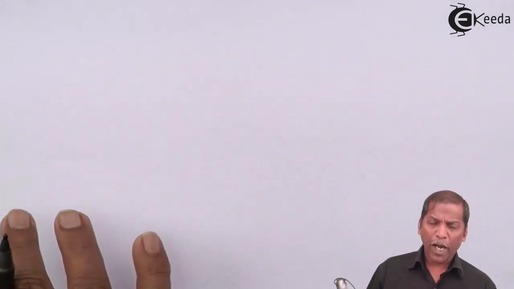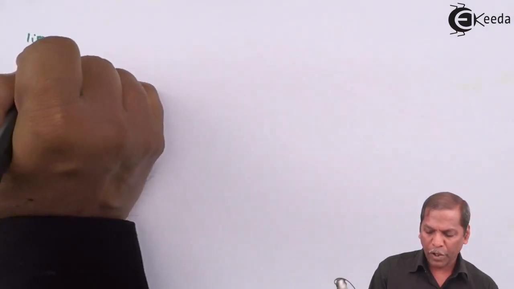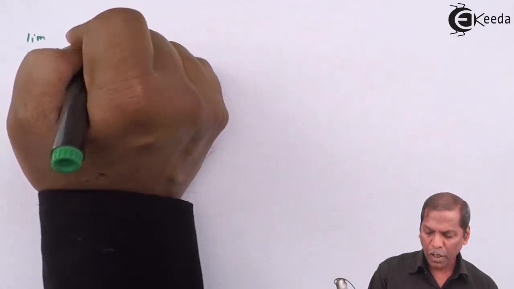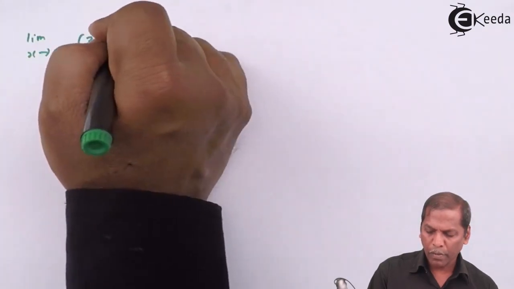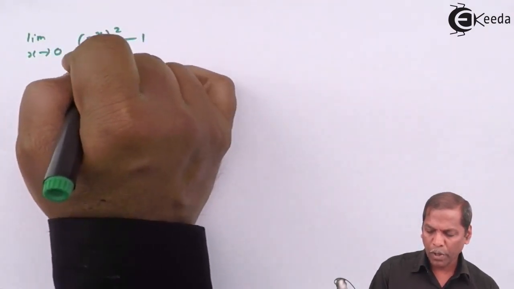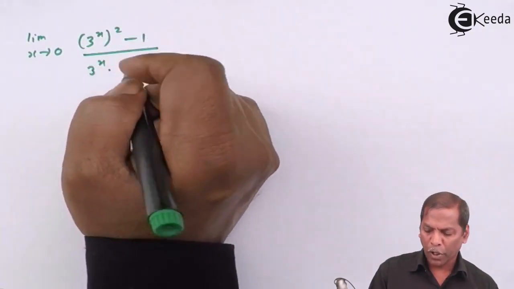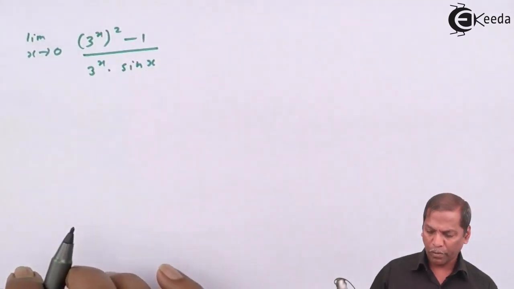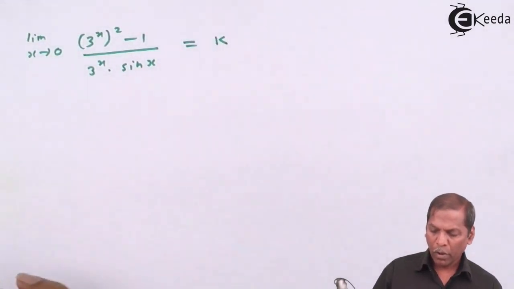Now on cross multiplying in the numerator, we get limit x tends to 0, 3 raised x into 3 raised x, that is 3 raised x the whole square, minus 1 upon 3 raised x, and also we have the term sin x in the denominator, and that equal to k.